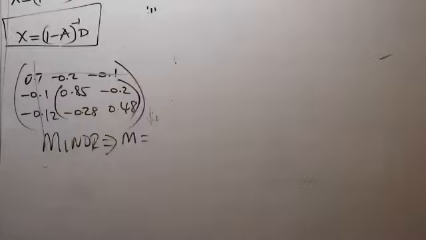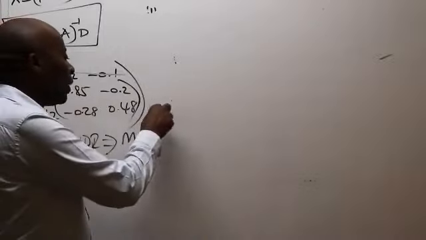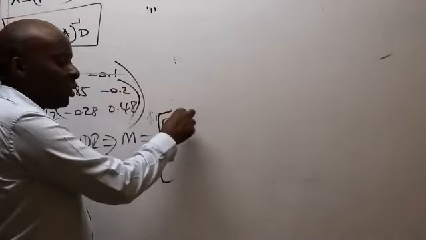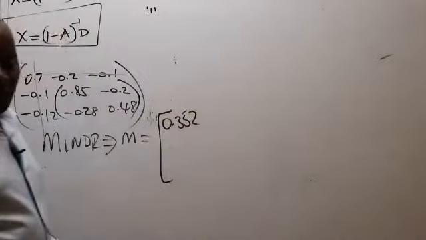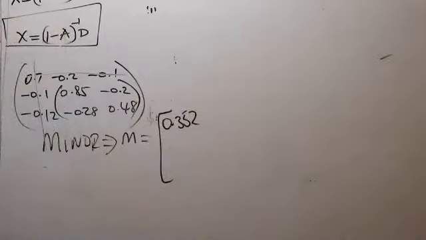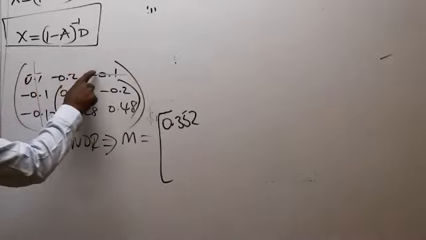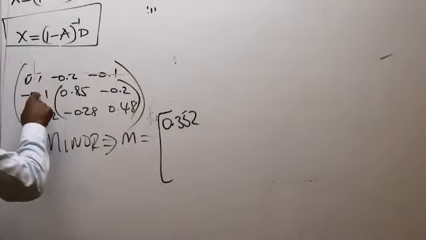I would want to get answers from every student. So the minor for the first one, I'm being told is 0.352. Now listen. Now we want to get the minor for the second. So how do we get the minor for the second?